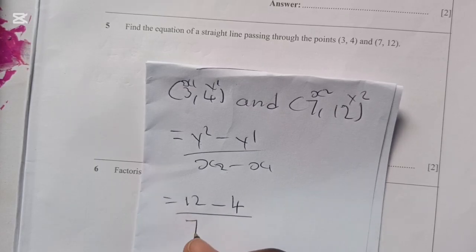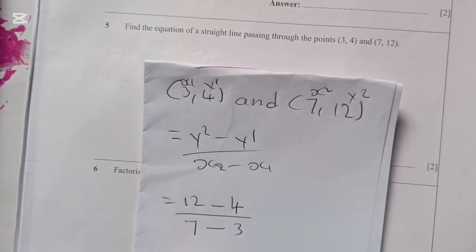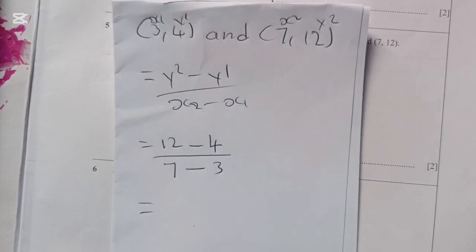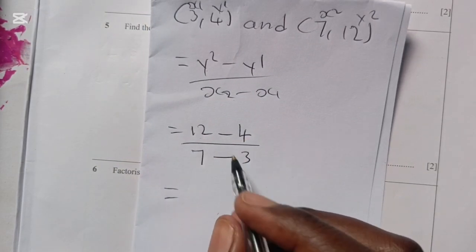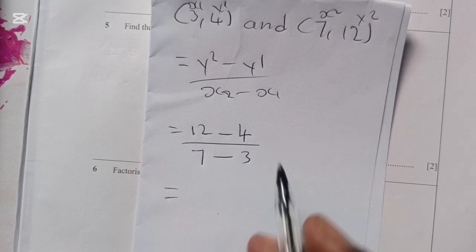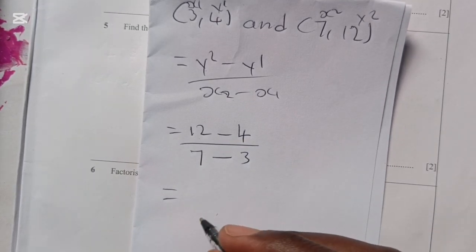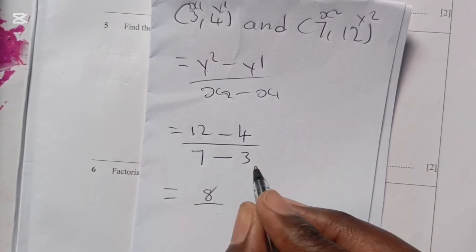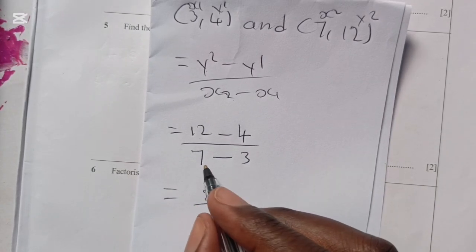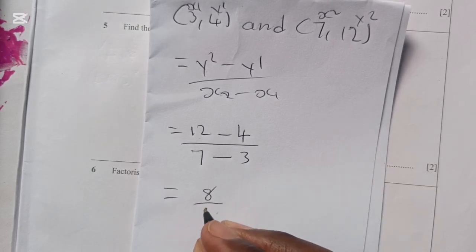Our x2 is 7 minus what? Our x1 is 3. So we're going to say 12 minus 4. Okay, guys. So here, it is going to give us 8 over 7 minus 3, that will be 4.